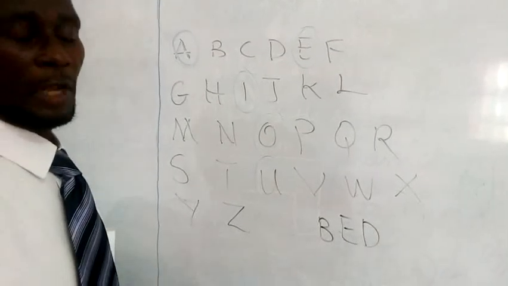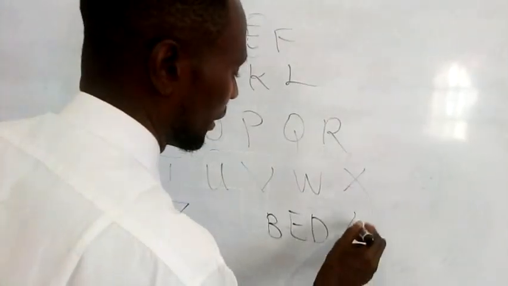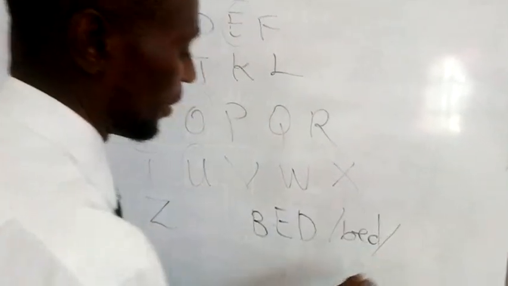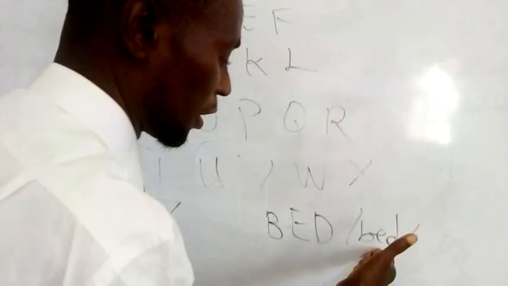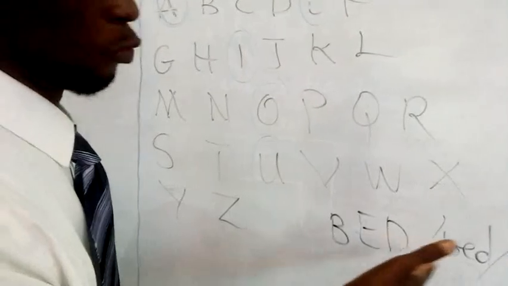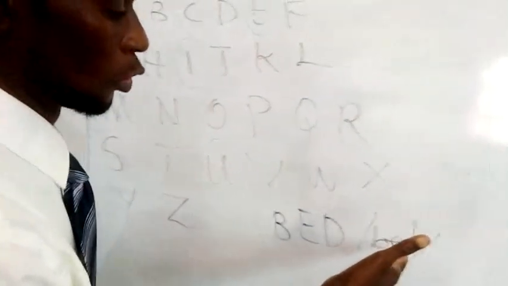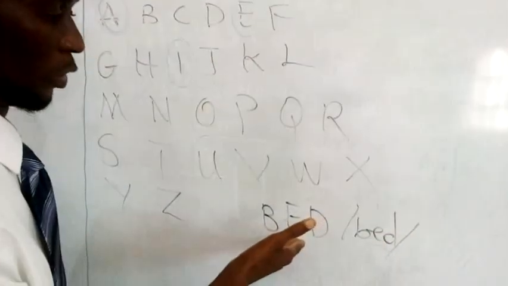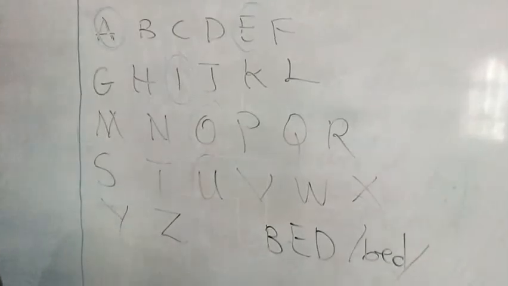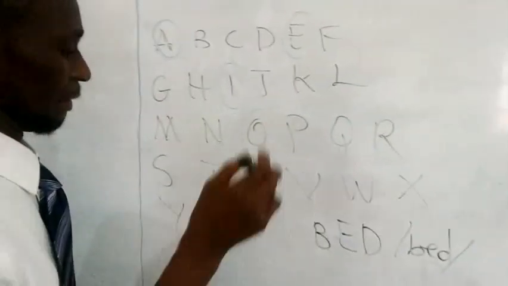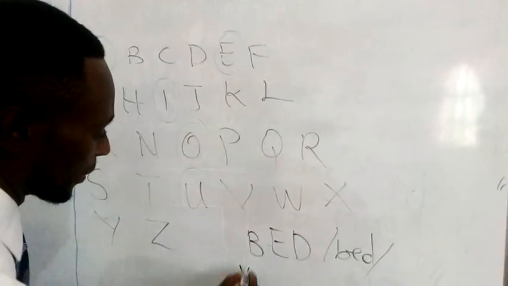Now the actual pronunciation of that sound is B-E-D, bed. Now, this is phonetic, this is alphabetic. We use this one to say it the way it is, and then we use this to write it so that we can see it. Now, there's another, okay, look at this.